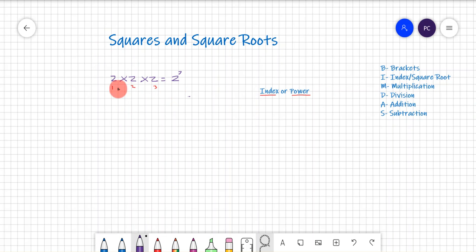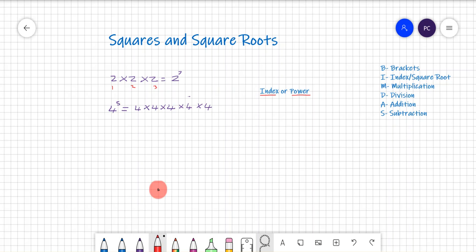So if I was to take, for example, 4 to the power of 5, and that's the way that it's written, that means I'm taking this base number and multiplying it by itself 5 times. So that's going to be equal to 4 multiplied by 4 multiplied by 4 multiplied by 4 multiplied by 4.